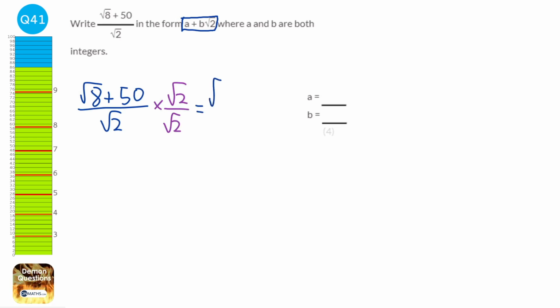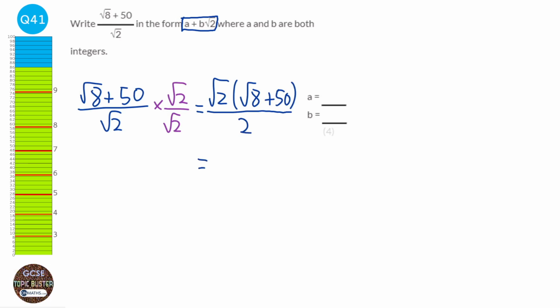And so we're going to have root 2 brackets root 8 plus 50 over, and then root 2 times root 2 is just going to be 2. And we can multiply out this brackets. So root 2 times root 8 is root 16, which is actually just 4. So it would be 4 plus, and then root 2 times 50 is 50 root 2, all of that over 2.